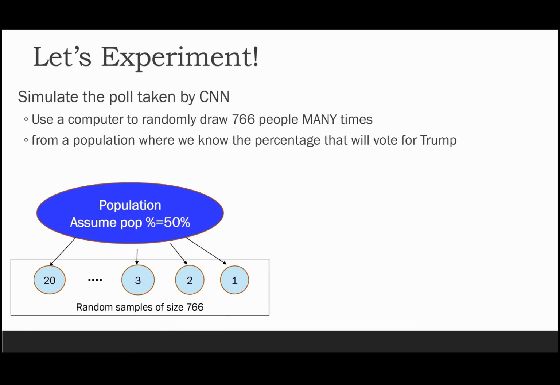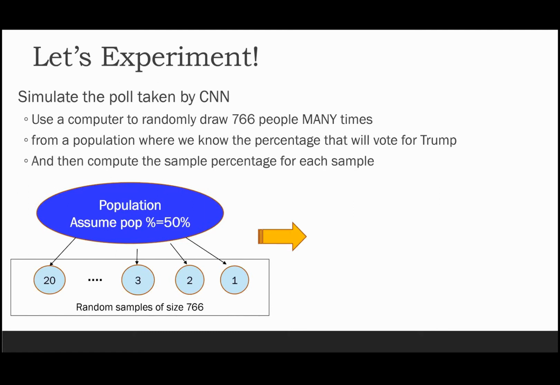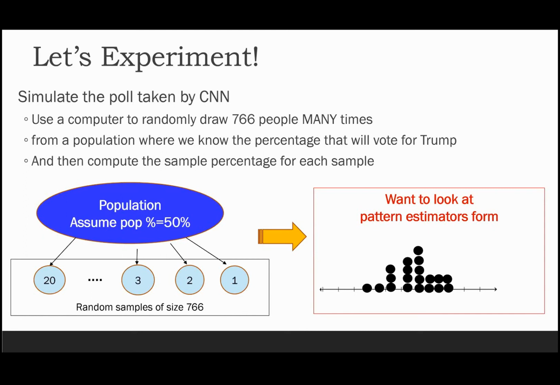Remember, we said samples estimate populations. We're interested in the sample percentage, which is going to estimate this population percentage. From each sample, we could compute the sample percentage and plot it. Our primary objective is to understand what that pattern of estimators looks like. What pattern does it form?